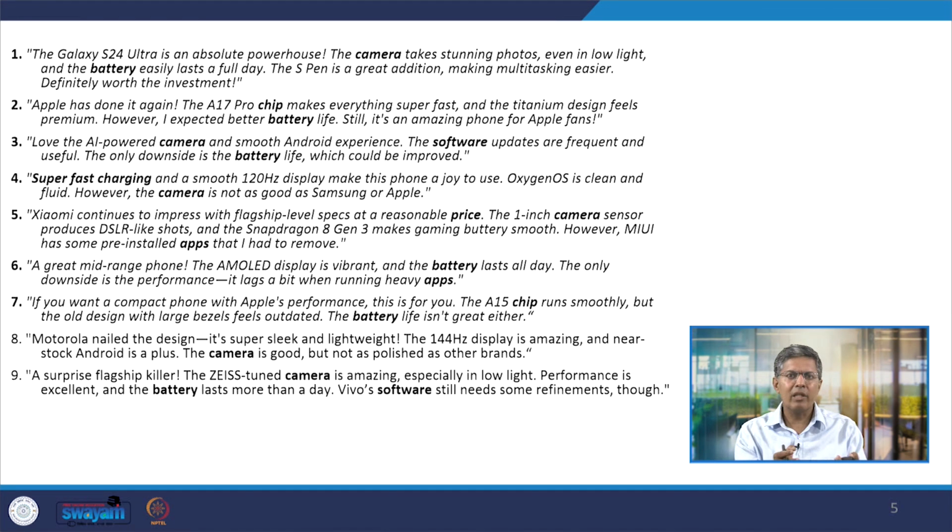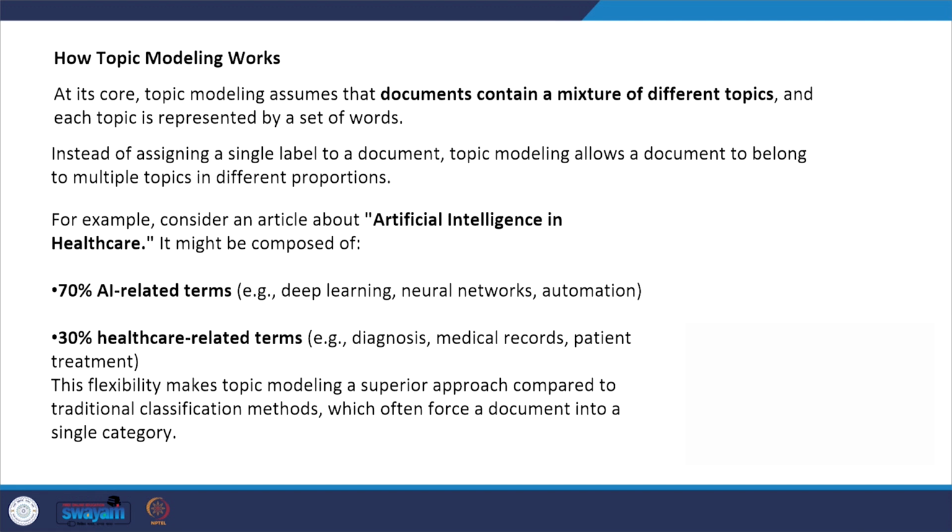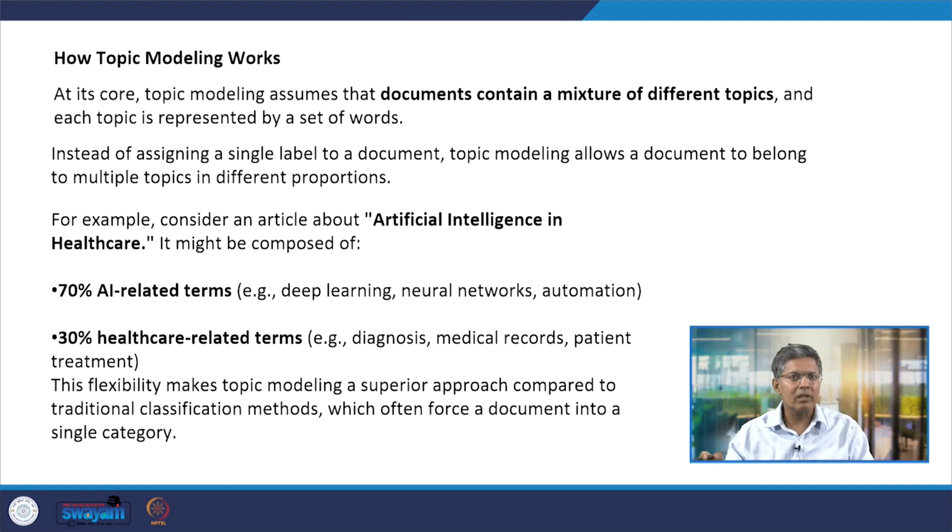If we consider it as a document, then this document has different topics, and each topic is represented by a set of words, right. Maybe battery is surrounded by a different set of words, maybe charging speed is surrounded by a set of words, the quality of camera is surrounded by a set of words, like for example pixel, low light, or flash, and all these things, right.